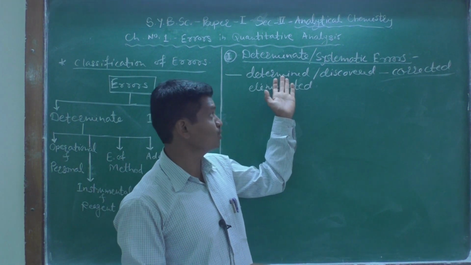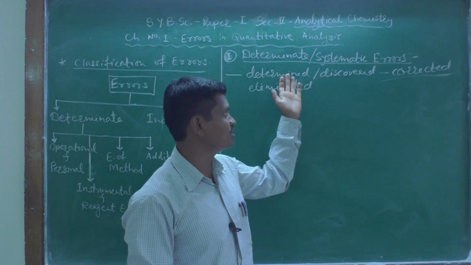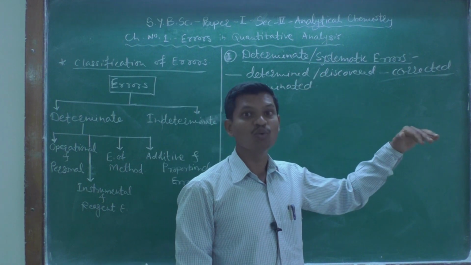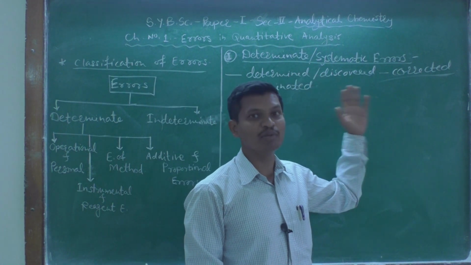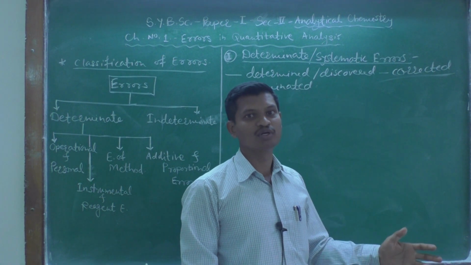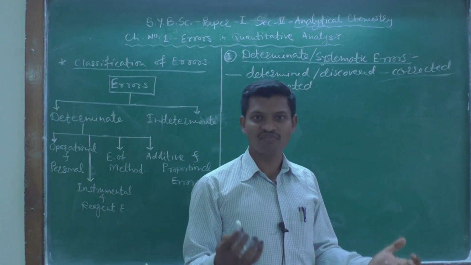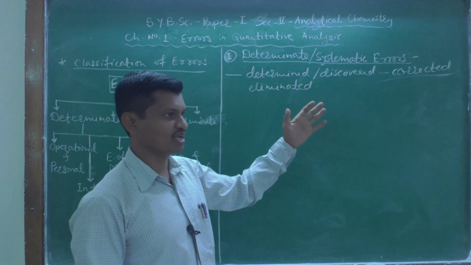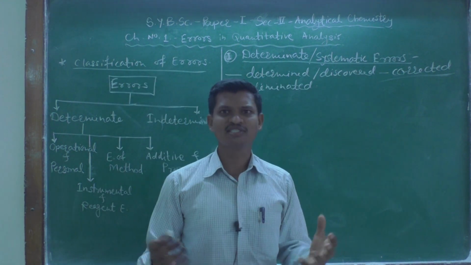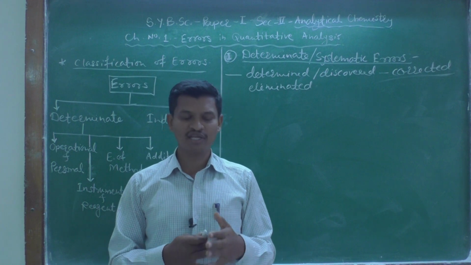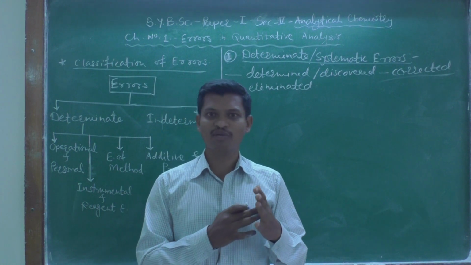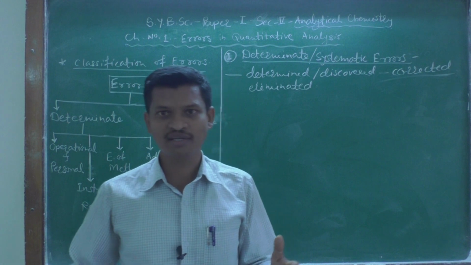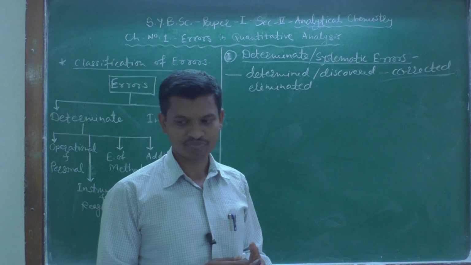So these errors can be determined or discovered, and hence we can correct them, eliminate them, minimize them. This is the very simple idea or concept of determinate errors, and hence they are also called systematic. We can systematically point out and systematically eliminate these types of errors.